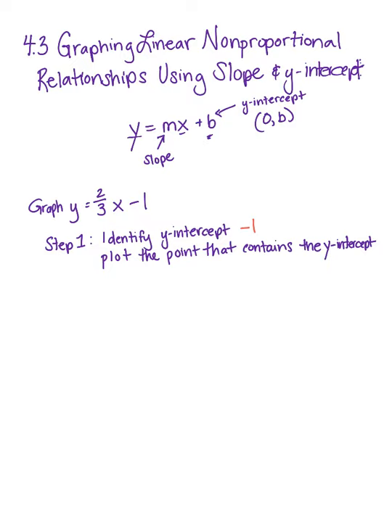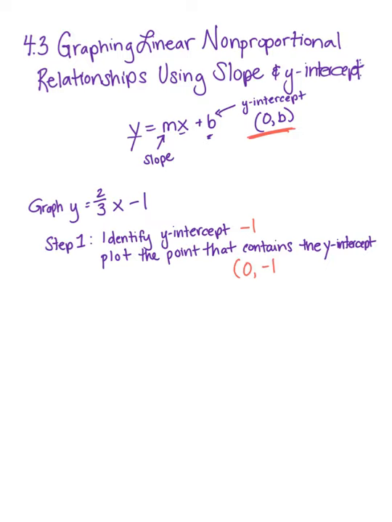In this case, what would the coordinates be? Remember, we're using this formula. So our x is always 0 because we're looking for the y-intercept. So our x is 0, and our y, what's our y? -1. Okay, so that would be the first point that we plot.